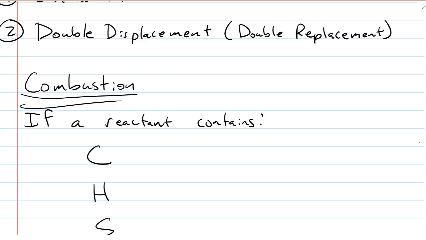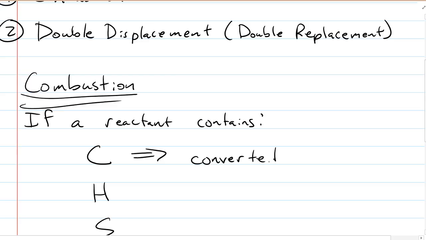It's called an internal combustion engine because inside your engine you are doing what to your gas? Burning it. Right, you're burning it up. This here that I'm doing with this burner, this is combustion, and we burn stuff. Okay, so if a reactant contains carbon, when you burn something containing carbon, carbon is converted into what stuff? What do you think?